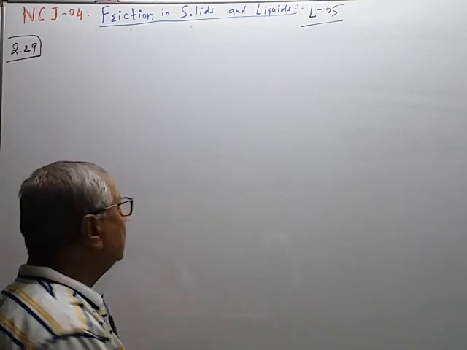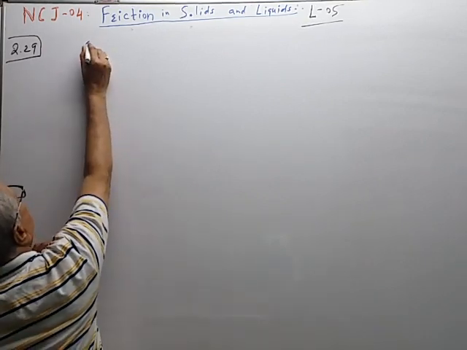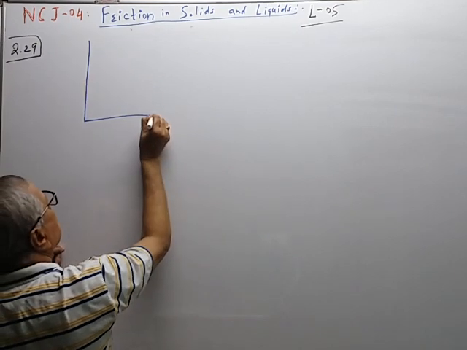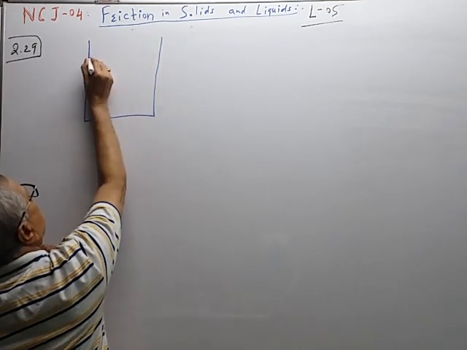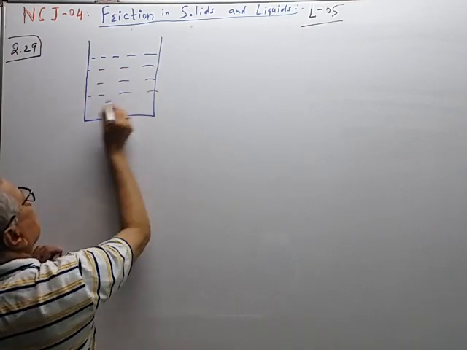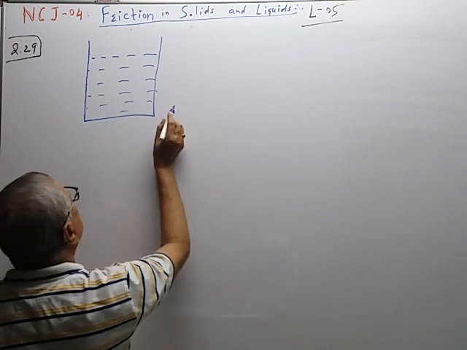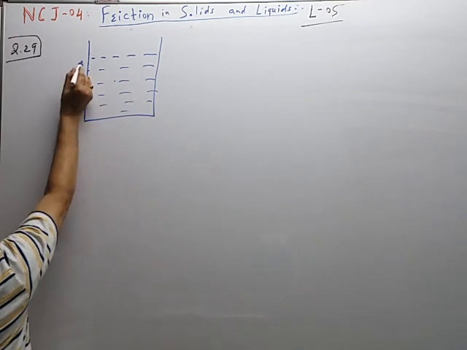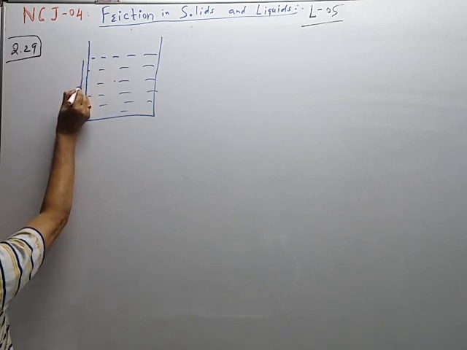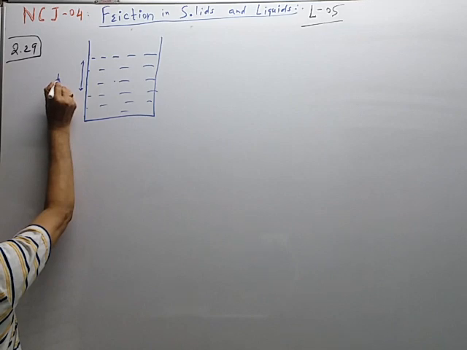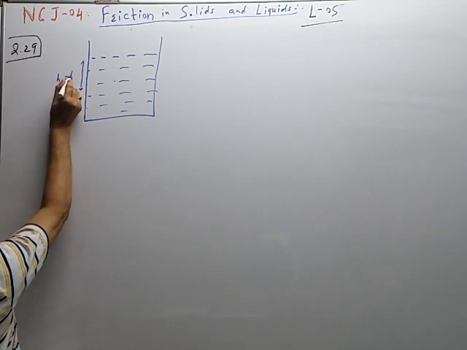So situation is like this. This is the water tank. The liquid is filled here. So this is the half of the height. H1 is equal to H by 2.